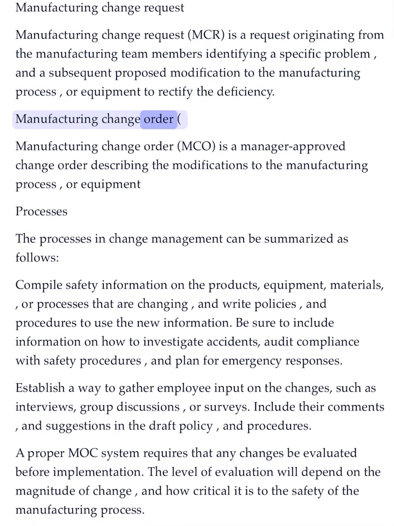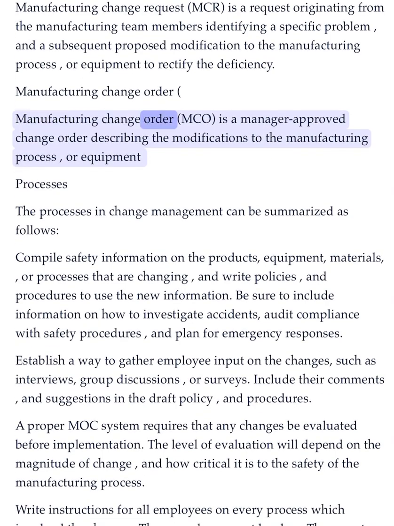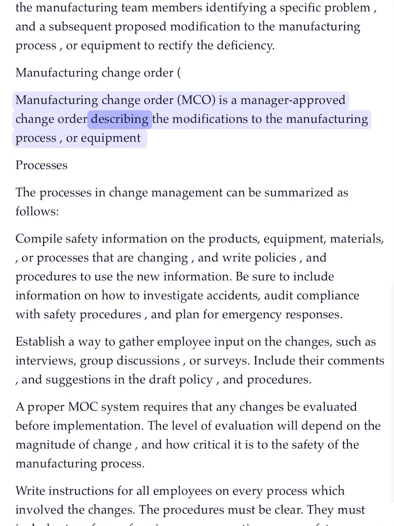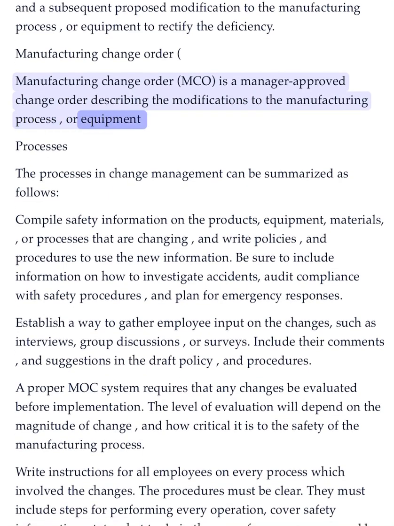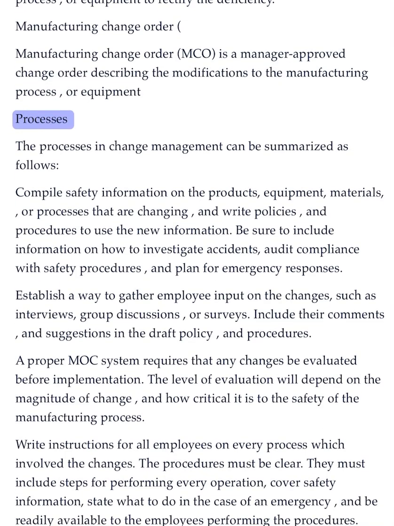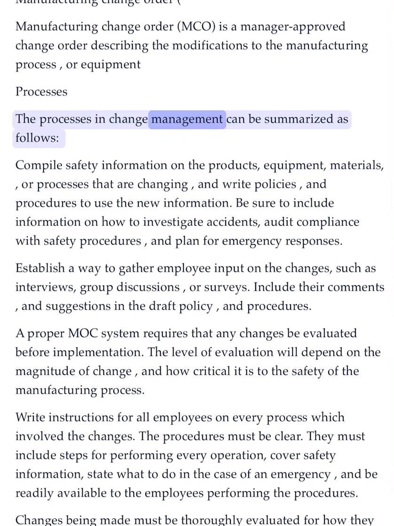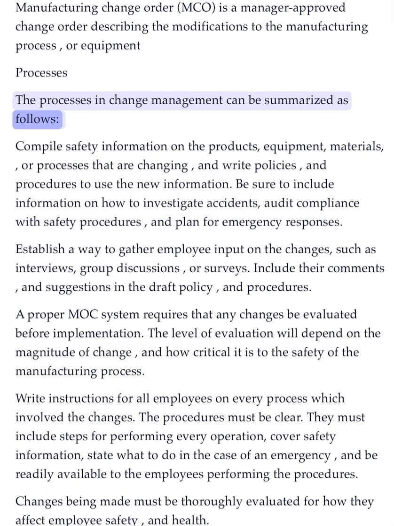Manufacturing Change Order. Manufacturing Change Order, MCO, is a manager-approved change order describing the modifications to the manufacturing process or equipment. Processes. The processes in change management can be summarized as follows.